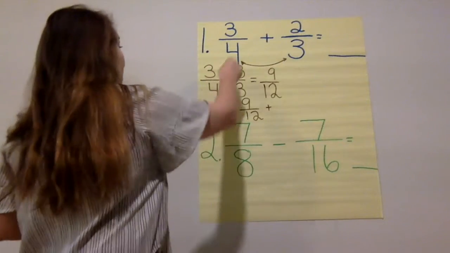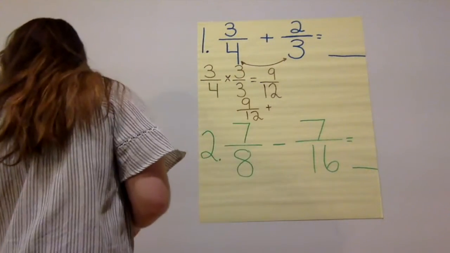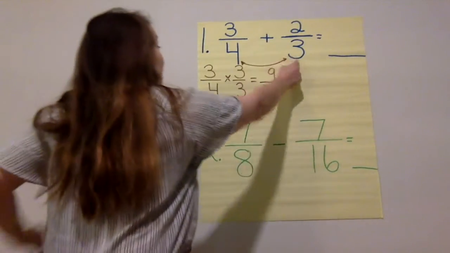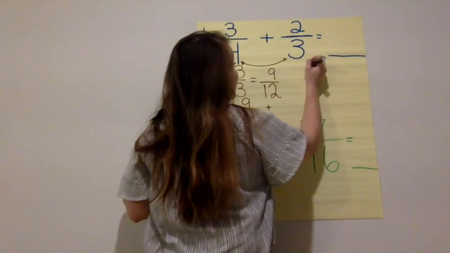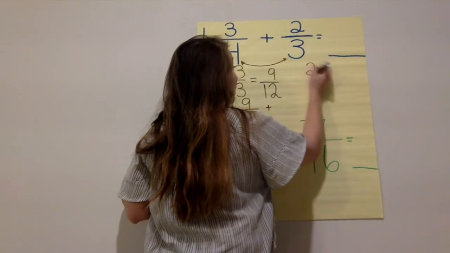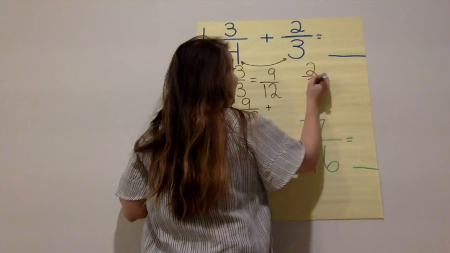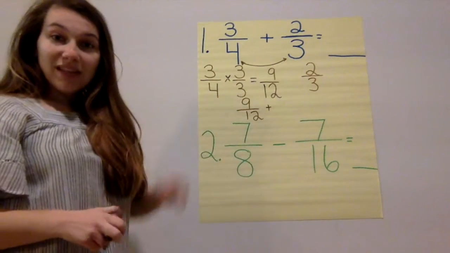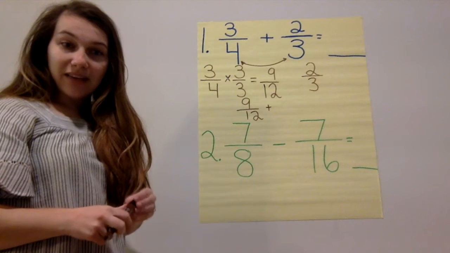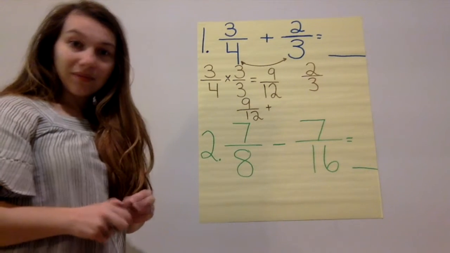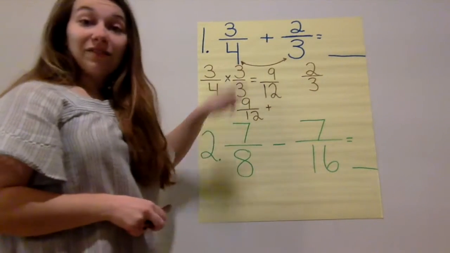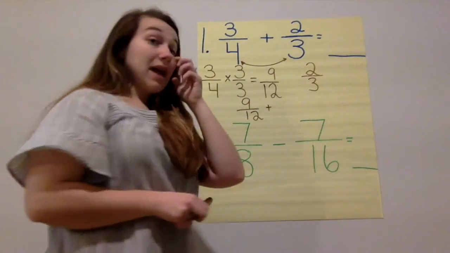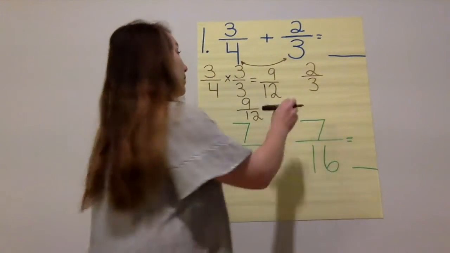So 3/4 times 3/3 equals 9/12. Next, we're going to take 2/3 and do the same thing. But this time, instead of multiplying by 3/3, what is it that I'm going to be multiplying by? 4/4. Very good, because we are multiplying by the opposite denominator.